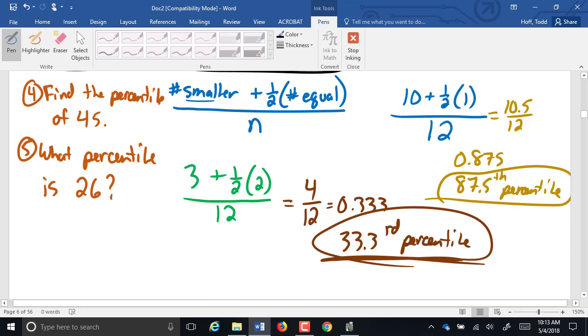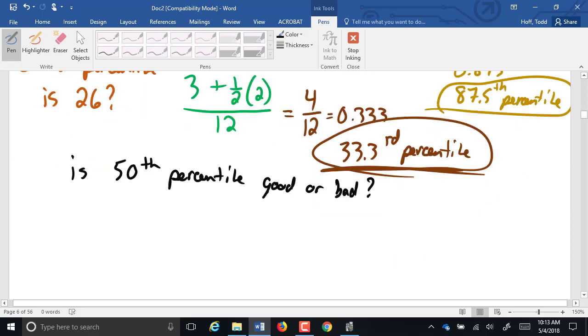So here's the question. Is the 50th percentile good or bad? If you're told that your child is at the 50th percentile for development, is that good or bad?